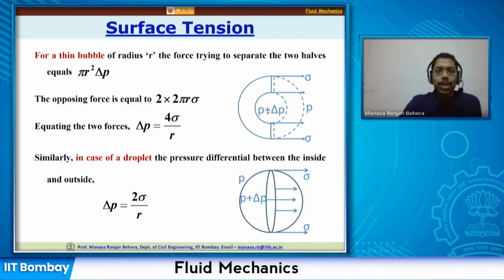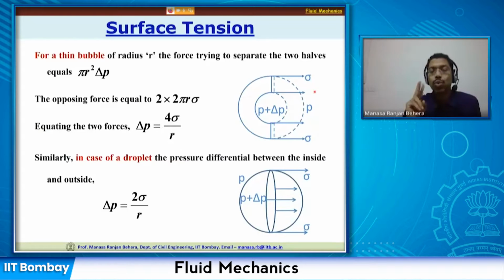So if we calculate the opposing force that is acting to hold the bubble together, then we have to equate that with the surface tension force. And where this surface tension force is acting, it is acting along the surface. Now if I take the left half, then there is a surface tension acting on this surface on the upper side, and there is the inner surface, there also there is a surface tension force which is acting.